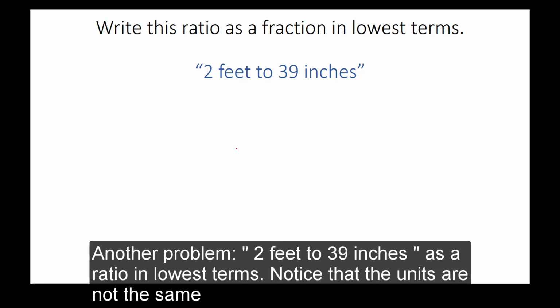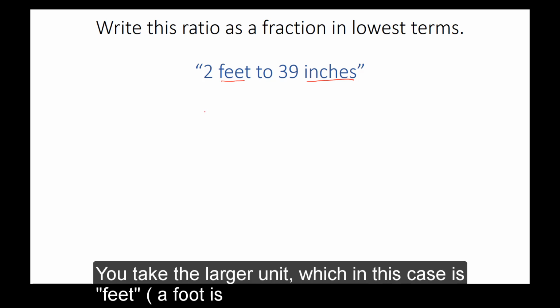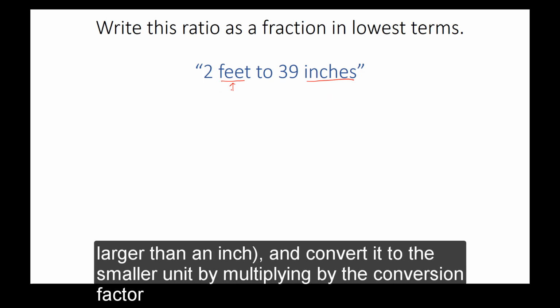Okay, another problem. 2 feet to 39 inches as a ratio in lowest terms. Well, notice immediately that our units are not the same. So in any of these ratio problems, if the units are not the same, they can be made the same, they can be converted. So what you want to do is take the larger unit, which in this case is the feet, since a foot is larger than an inch, and you want to convert it to the smaller unit by multiplying by the conversion factor.